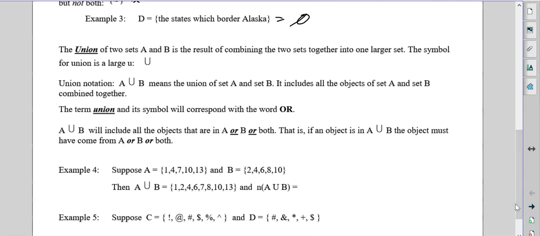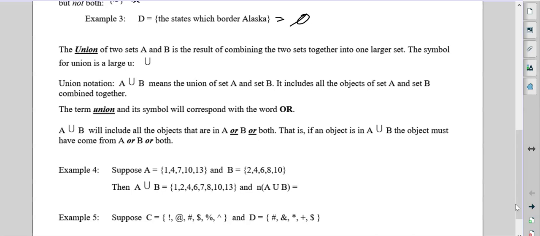The union. If you think about union, it's like when things come together, okay? A legal union, a marital union, the union of the states, whatever. It's 2 things come together. So the union of 2 sets, A and B, is the result of combining the 2 sets together into one larger set. And the symbol is, not too surprising, kind of like a U, capital U is what it really looks like.